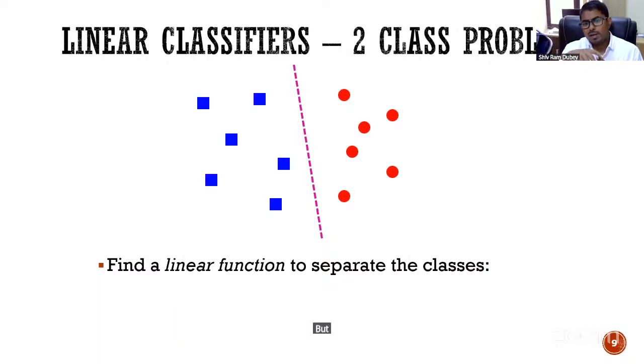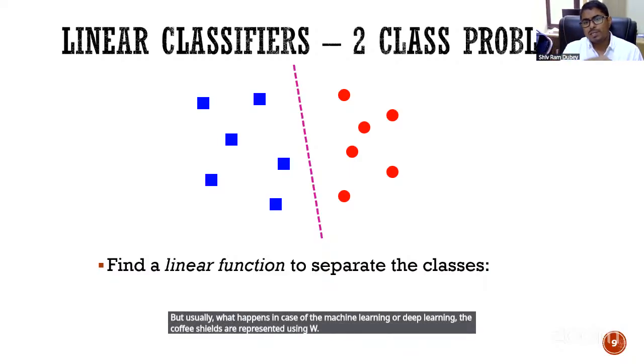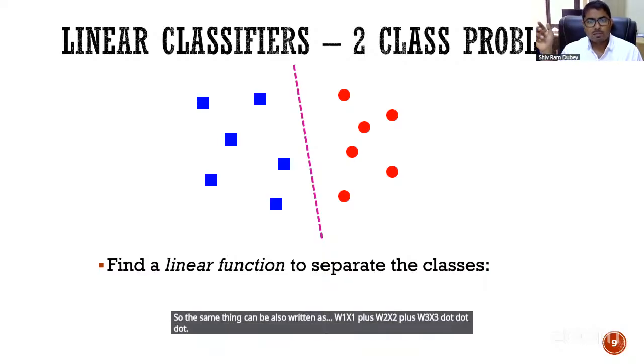But usually in machine learning or deep learning, the coefficients are represented using W. So the same thing can be written as w1x1 + w2x2 + w3x3 + ... + wdxd + w(d+1) = 0. That's how we write the equation of a hyperplane in d-dimensional space.